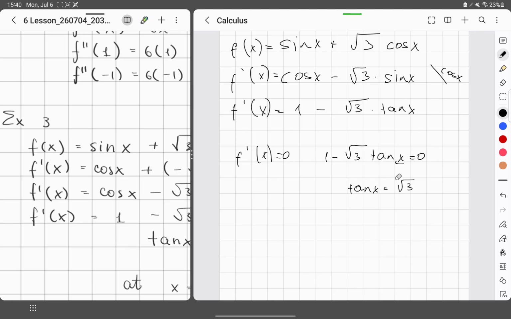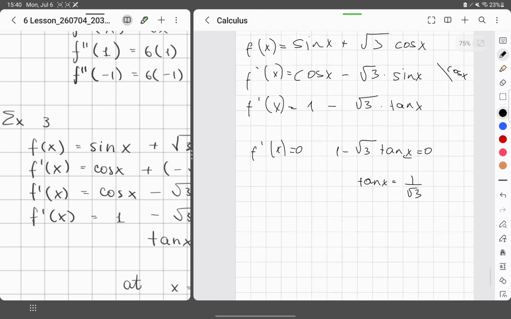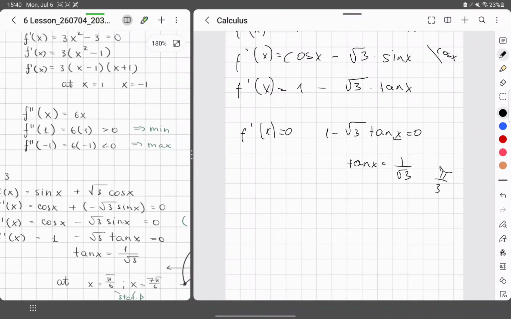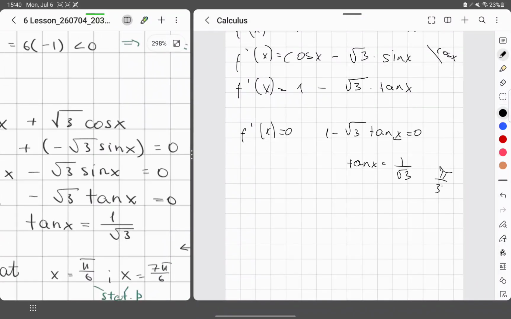1 over this one. In which degree will our tangents be like this? Let me remember, which degree was it? It was pi over 6. No, that is pi over 3, if I'm not mistaken. No, that was pi over 6, yeah.